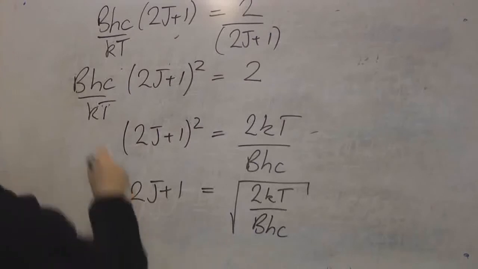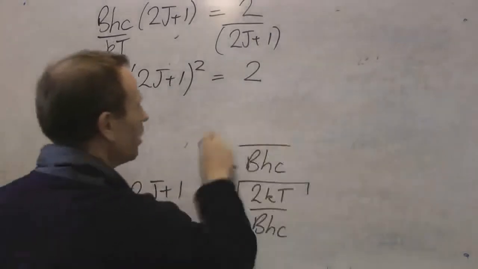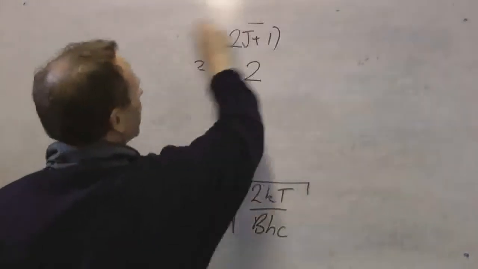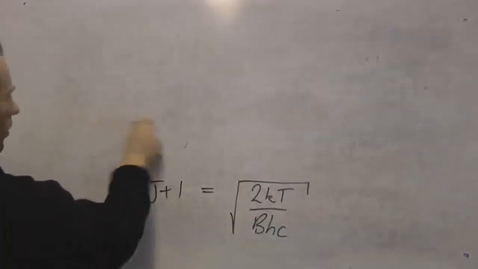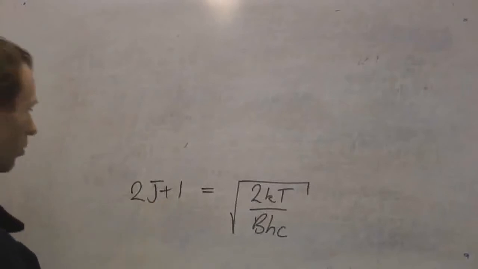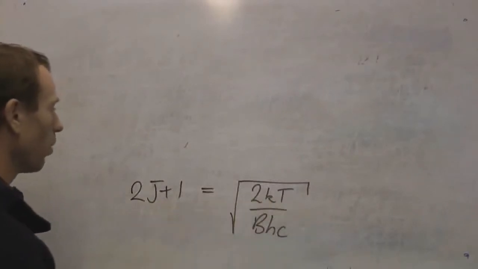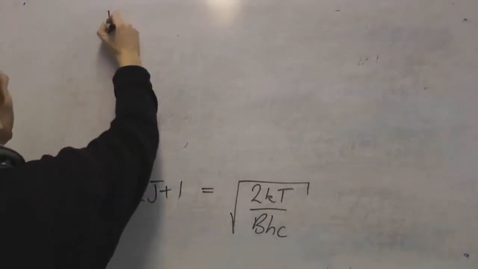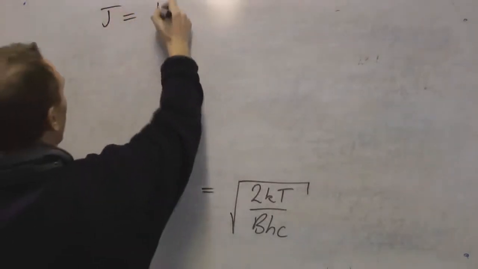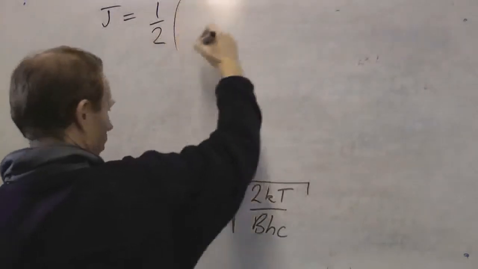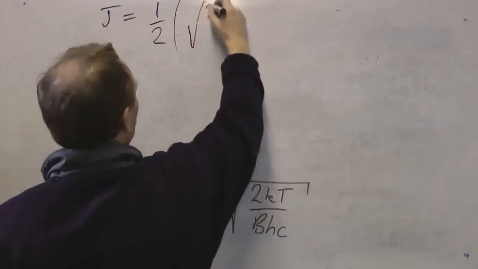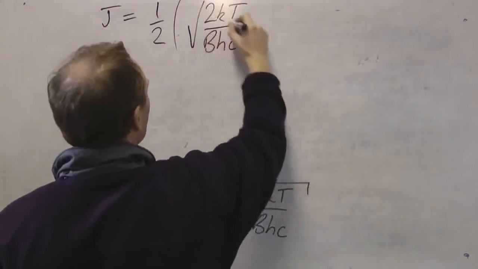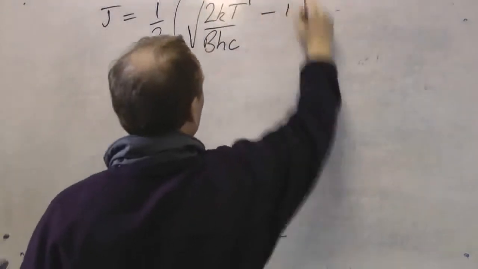Now we're almost there, so again just need to make a bit more space. So we can now subtract 1 from both sides, divide both sides by 2, and we'll end up with j equals a half of square root 2kt over BHC minus 1.